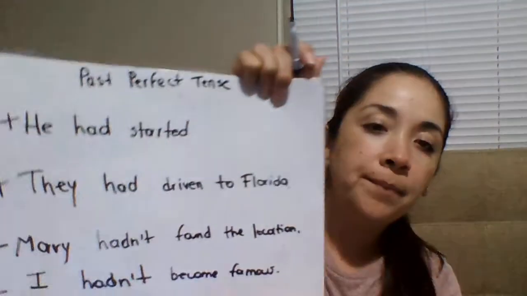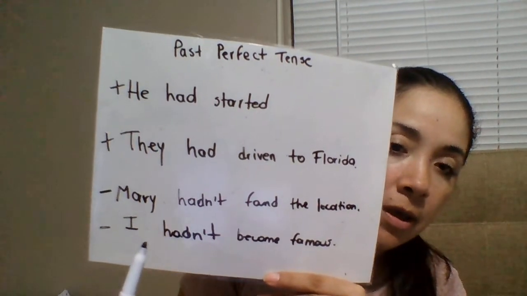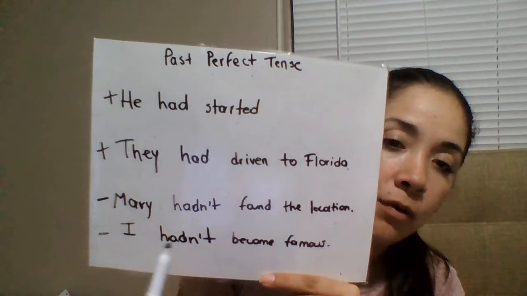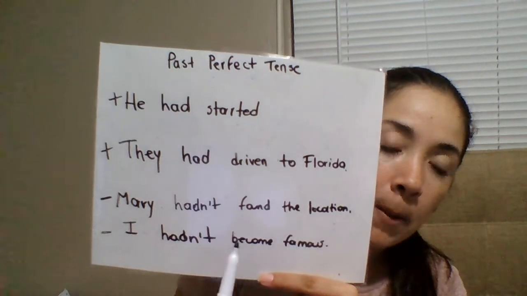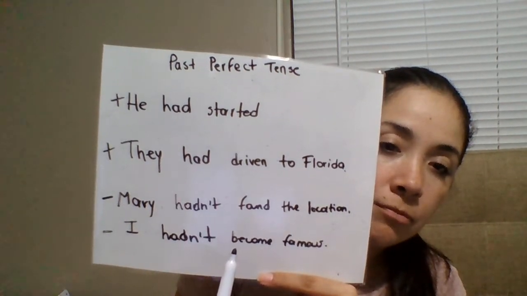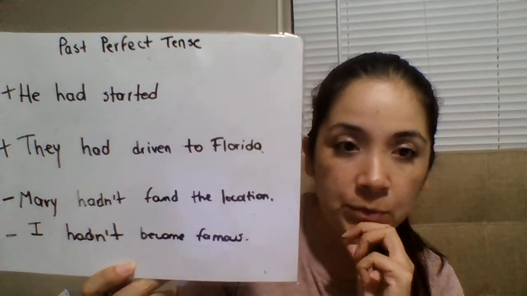I hadn't become famous. Okay? I is the subject, hadn't the auxiliary verb for the past perfect tense. I hadn't become famous.